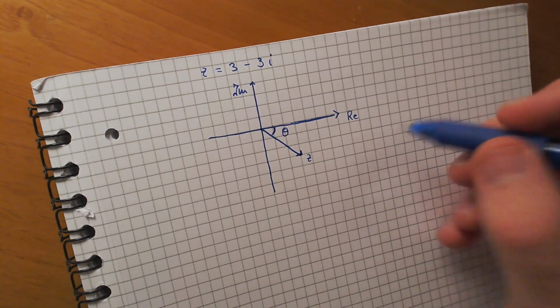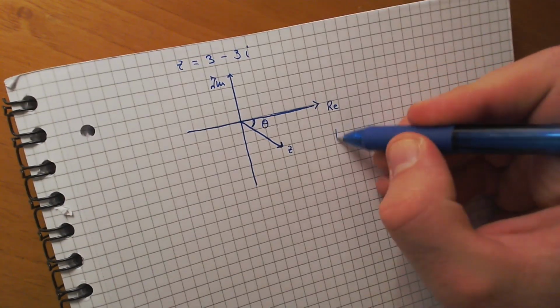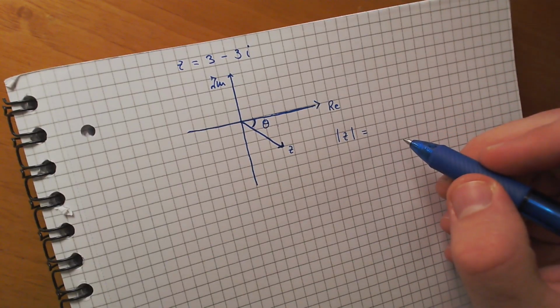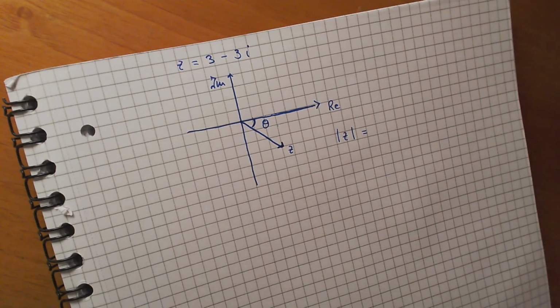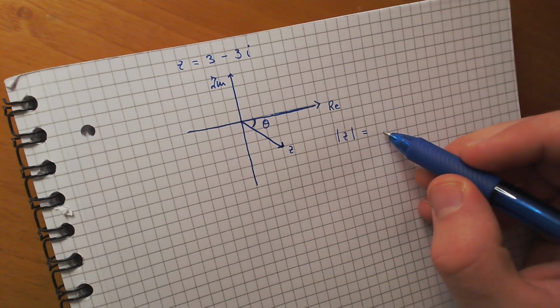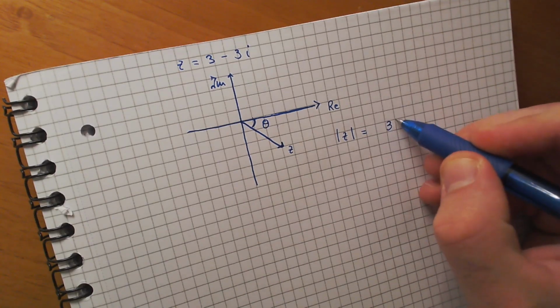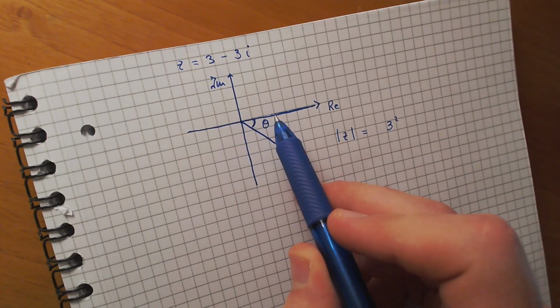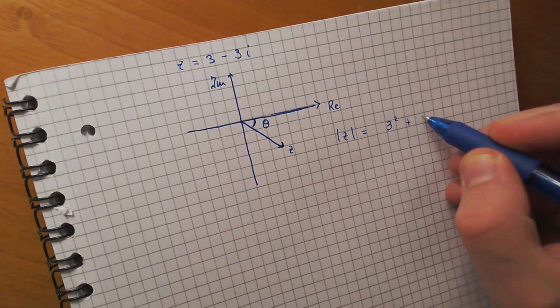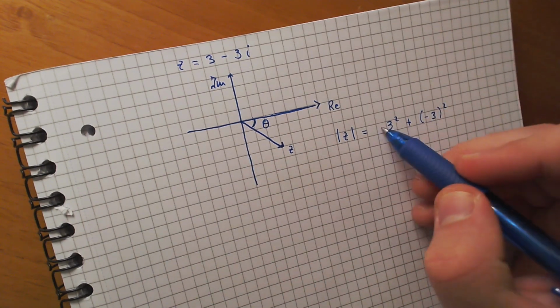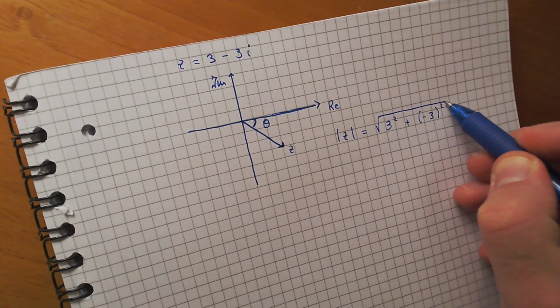Okay, so the modulus, the absolute value of our complex number, is given by the Pythagoras theorem, where we have to consider 3 squared, so the real part squared, plus minus 3 squared, so the imaginary part squared, all under square root.